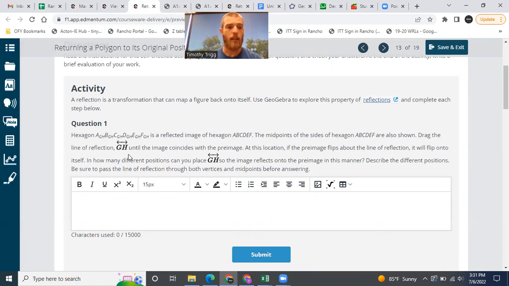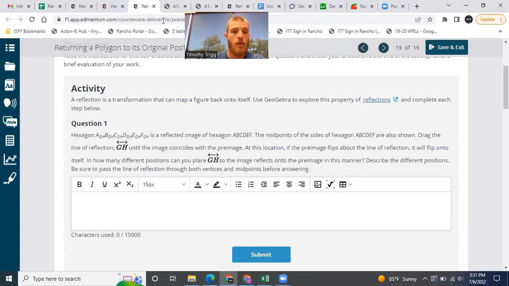Drag the line of reflection GH until the image coincides with the pre-image. At this location, if the pre-image flips about the line of reflection, it will flip onto itself. In how many different positions can you place GH so that the image reflects onto the pre-image in this manner? Describe the different positions. Be sure to pass the line of reflection through both vertices and midpoints before answering.